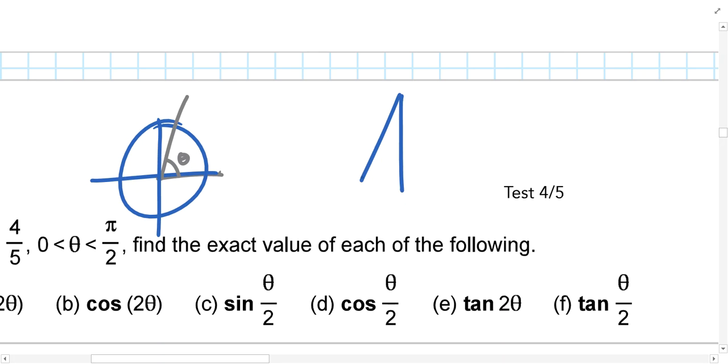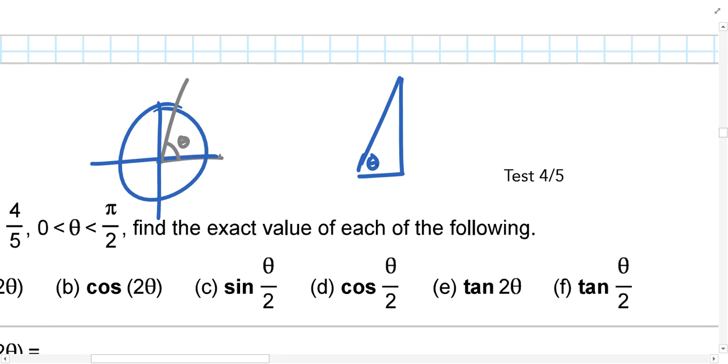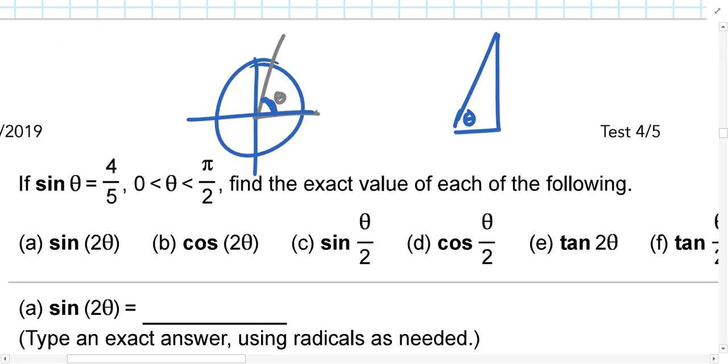So let me try to recreate a right triangle that has approximately the same angle. So here's that theta value that we don't know. That's this angle here. What we do know is that sine is equal to 4/5. So now if we get out of the unit circle mindset and think of a right triangle mindset, this 4 is the opposite side length of a right triangle, and 5 is the hypotenuse of the right triangle.